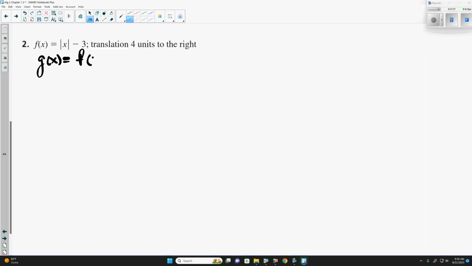And this is going to be our f of x minus h. In this case here, what is the value of h? It would be positive 4, yes? So we're going to replace h with positive 4. So it'll be f of x minus 4.